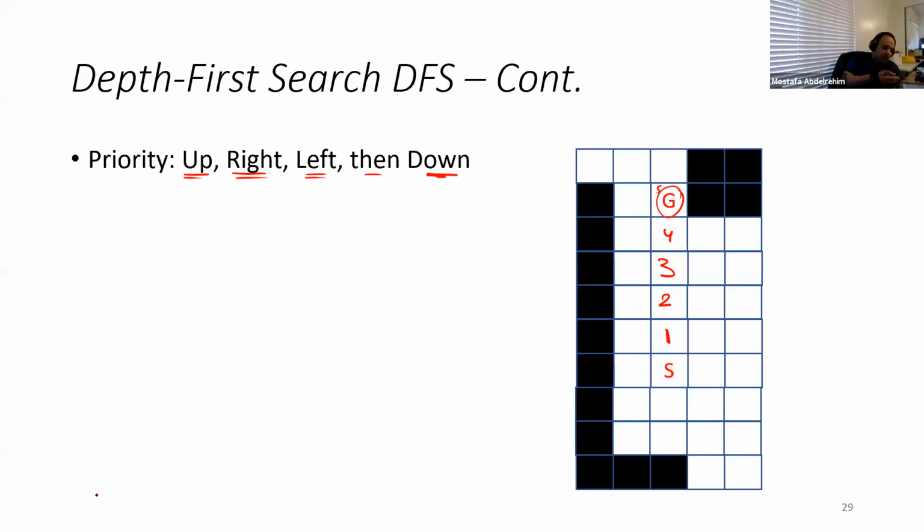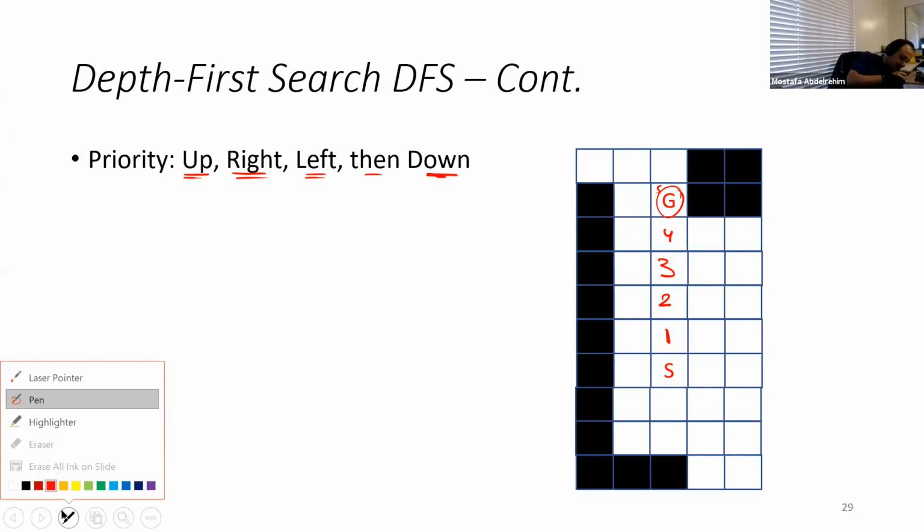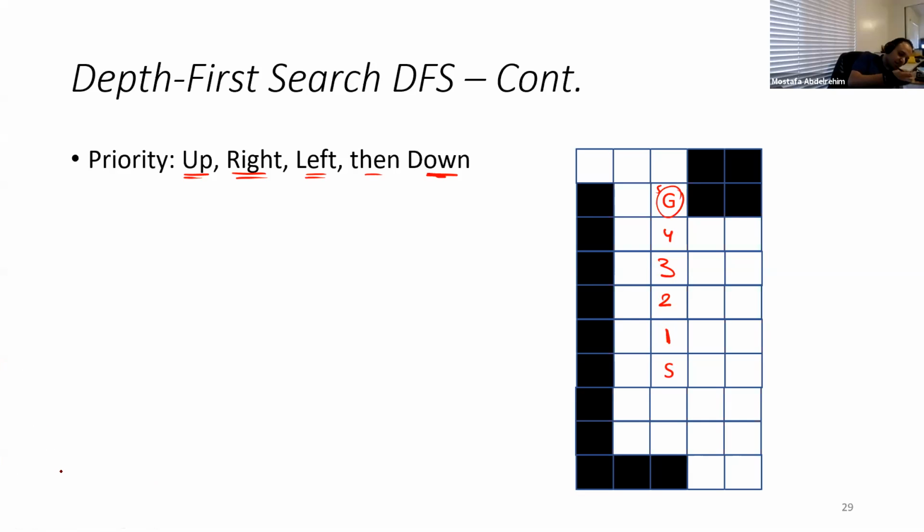So assume that the goal is actually here. So 6, 7, 5, 6, 7, 8, and this is the goal. And this is just node 5. If you studied depth first search, you will find yourself excluding this out of the stack.